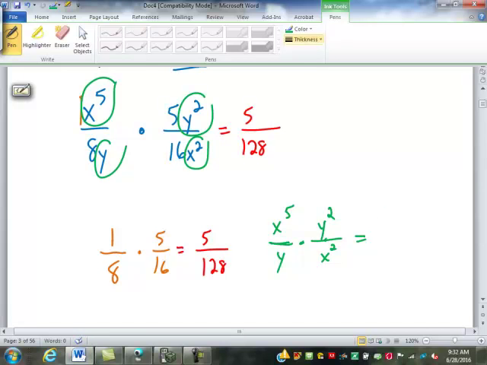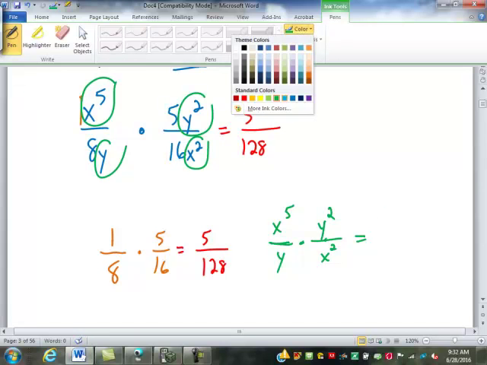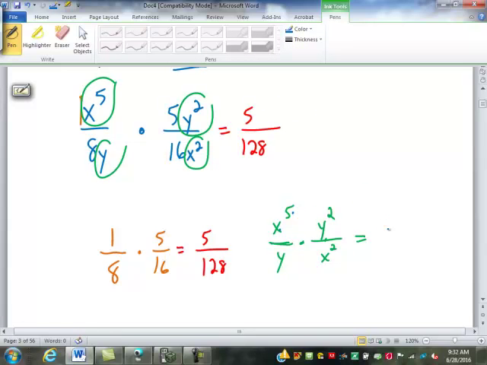And now we're just going to combine them, basically moving straight across. x to the 5th y squared, putting them together in one fraction. And then this is yx squared. I'm going to put them in alphabetical order, so x squared y.